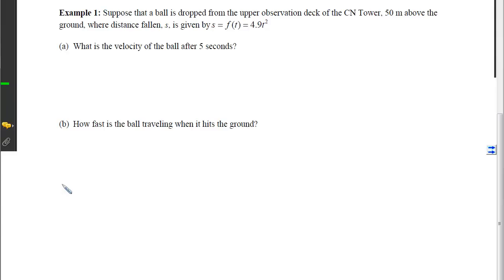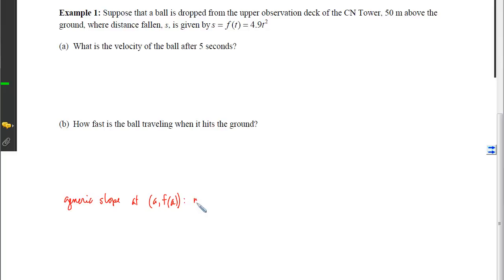So maybe I'll even do that down here on our paper, just the generic slope. If we go here, we're going to have a generic slope at our generic point a, f of a.